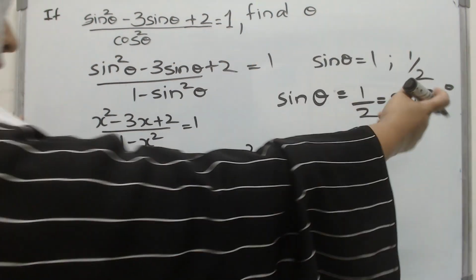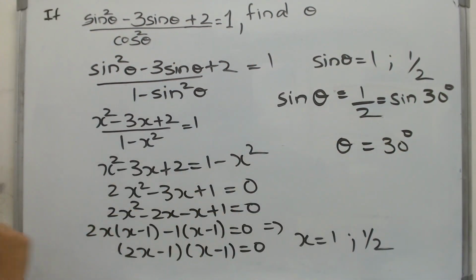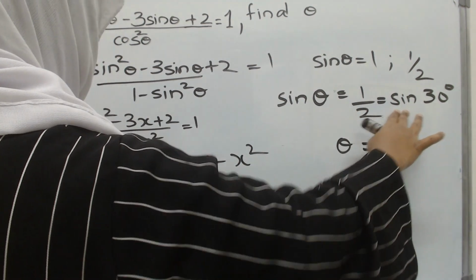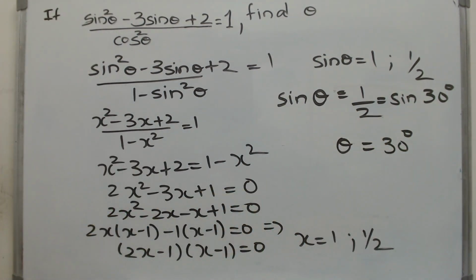Go on to the next term. Then you have what? Sine theta is half, but what is the angle whose sine value is half? It is 30. Sine 30 is half, which means what? Your theta is going to be 30 degrees. Only that option is possible.